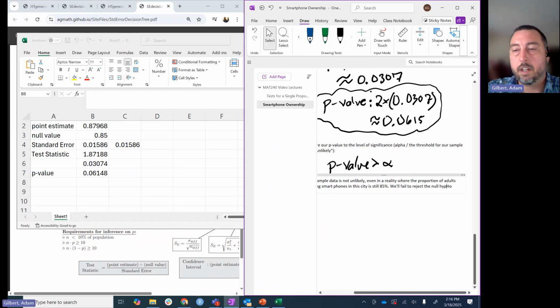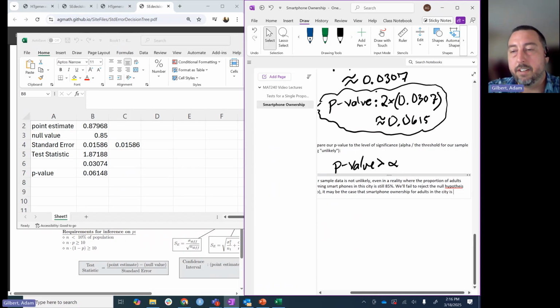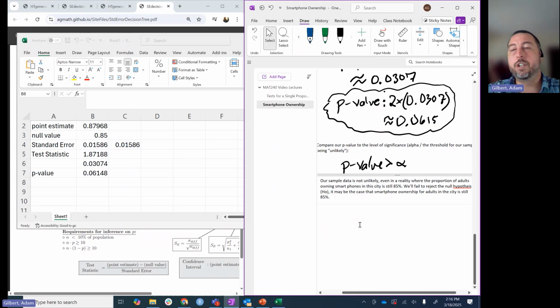So the null hypothesis, again, that's the one that we labeled H0. It may be the case that smartphone ownership for adults in the city is still 85%. So we're not saying that it is the case that the smartphone ownership is 85% still. We're saying it is perhaps the case. It is plausible that 85% is still the value.